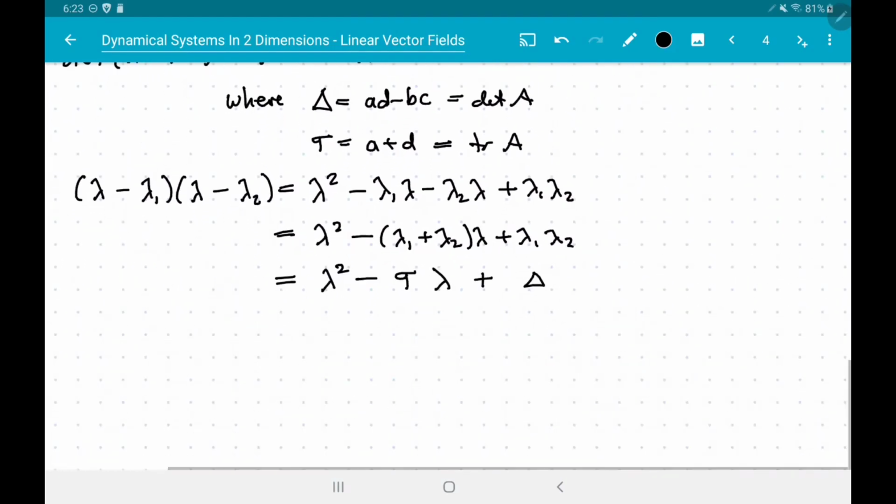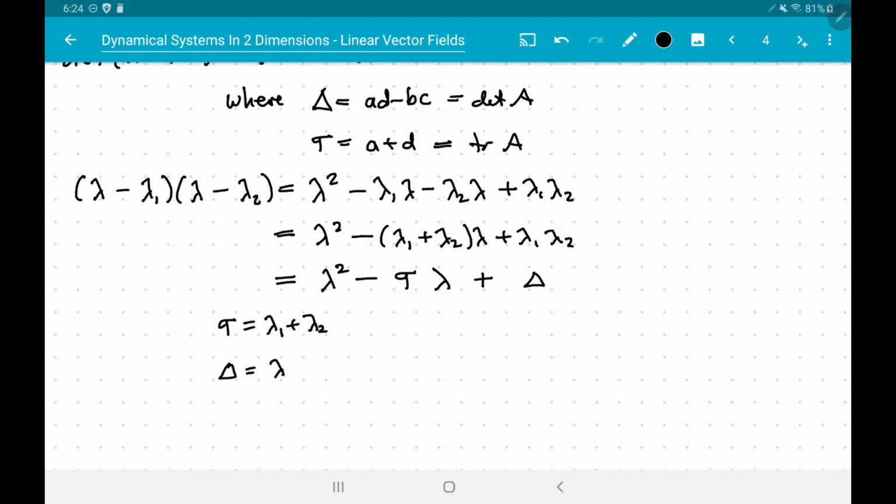That means that the coefficients have to line up. So indeed, tau is lambda 1 plus lambda 2, and delta is lambda 1 times lambda 2. And as I said, this is a pattern that continues for square matrices of all sizes.